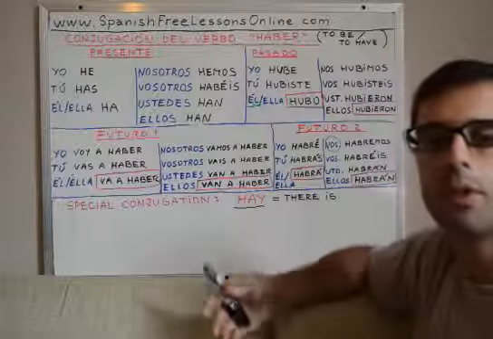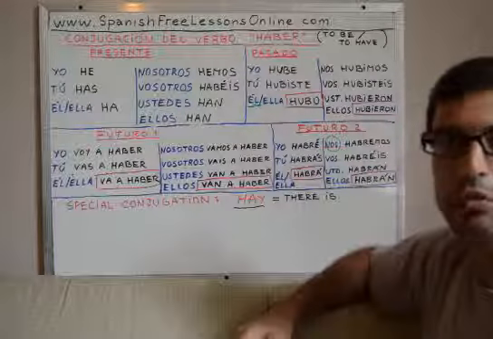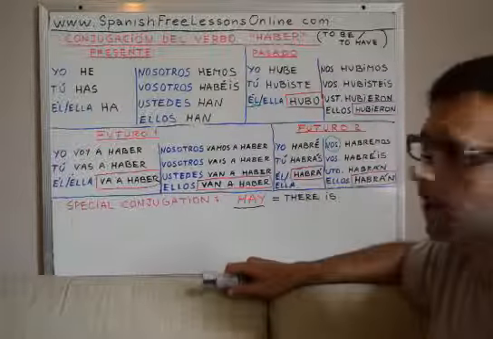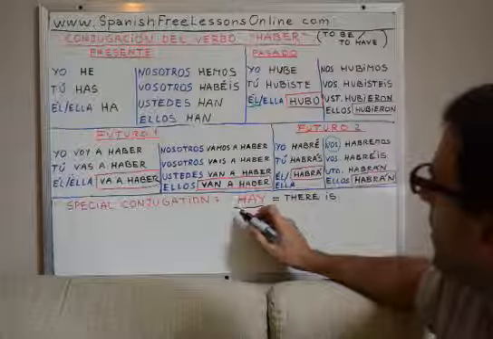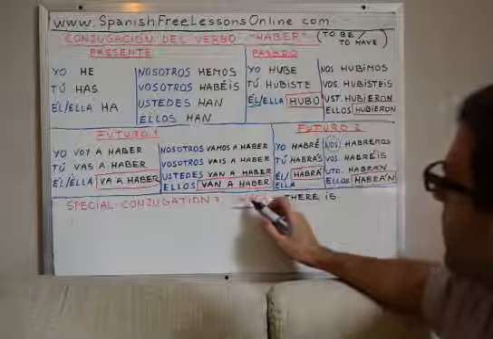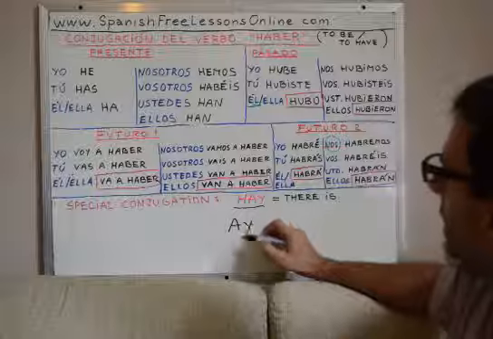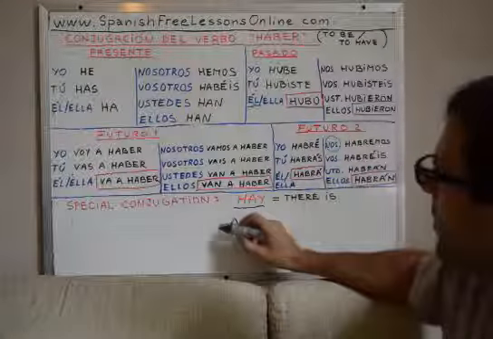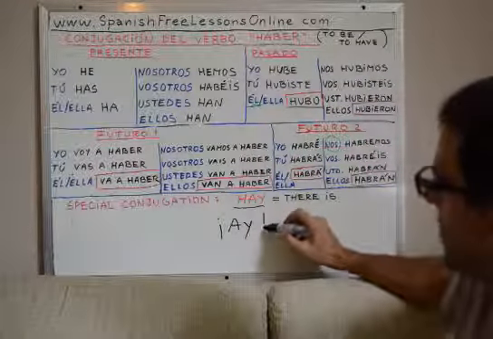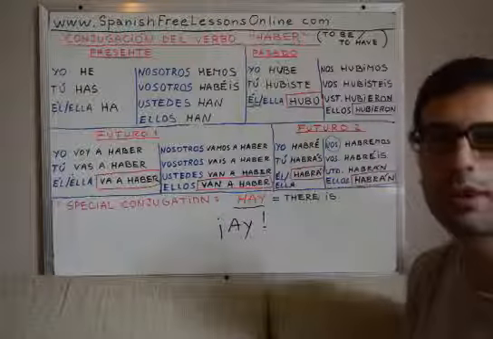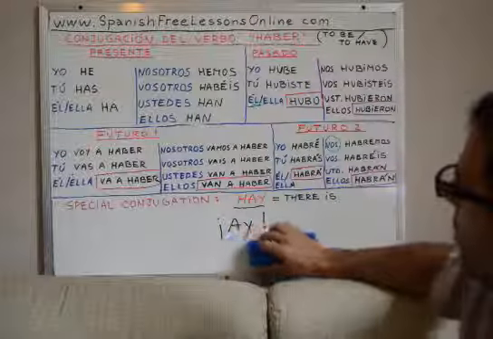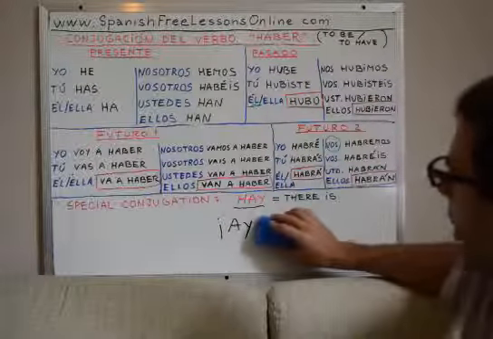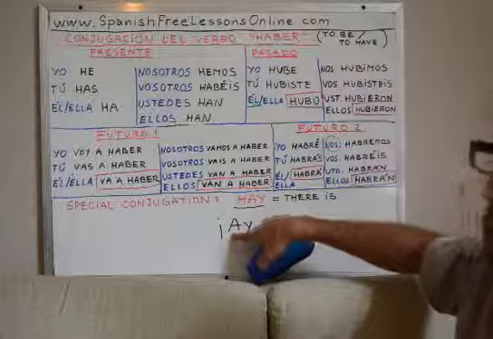Whenever you use there is in Spanish, you say hay, as simple as that. It's written H-A-Y, different than the exclamation ay, which means ouch. When you hurt yourself, this is a common way of exclaiming in Spanish, ay. But as you can see, it's written without an H.